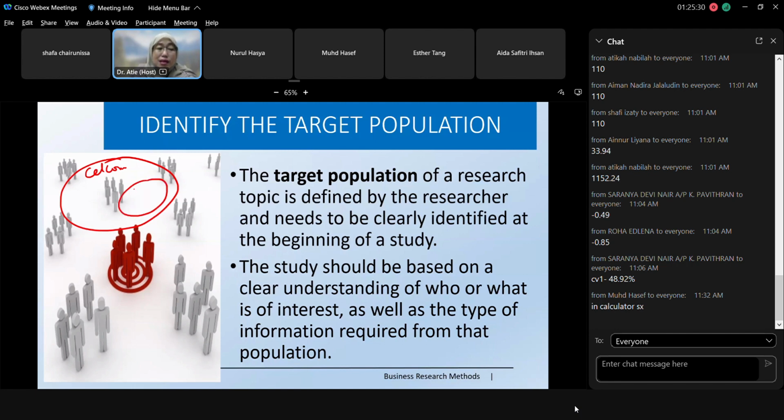For example, Celcom in which branch? This one will be our target population. And then the sample, for example, will be only from the finance department. So the sample will be taken only from our target population, but the real population will be very, very big. So that's what it means by the target population.